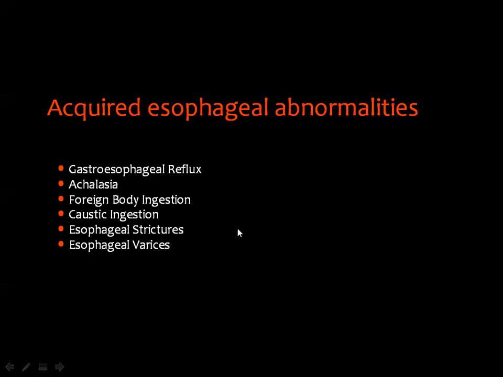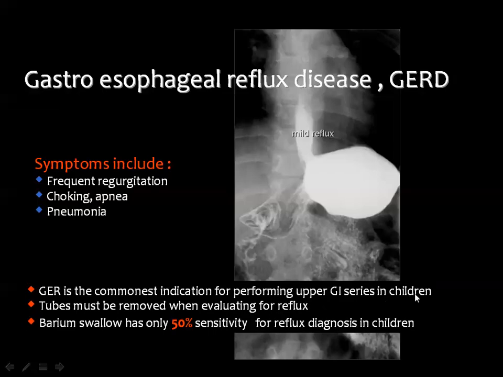Then we come to acquired esophageal abnormalities. We will discuss the reflux, the achalasia, foreign body ingestion, caustic ingestion, and esophageal strictures, and finally the esophageal varices. Gastroesophageal reflux disease or GERD is seen in children and also seen in adults.